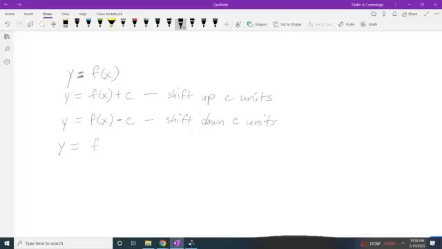Y equal to f of x plus c, that's a shift left c units. Y is equal to f of x minus c, that's a shift right c units.